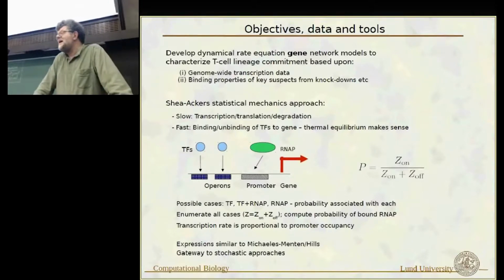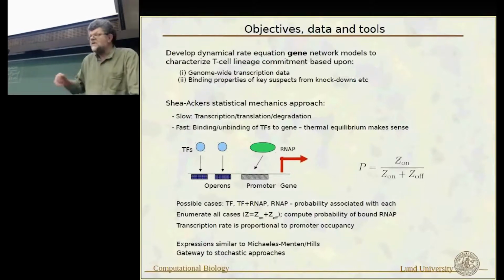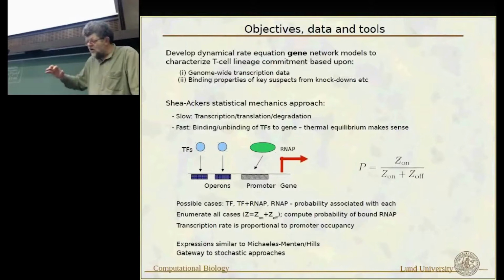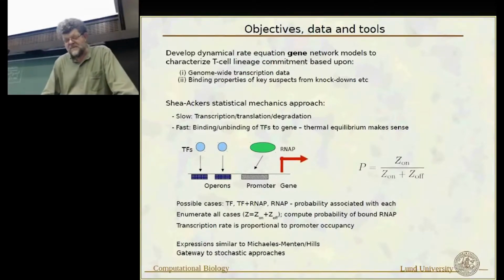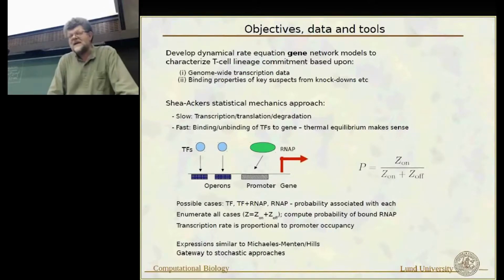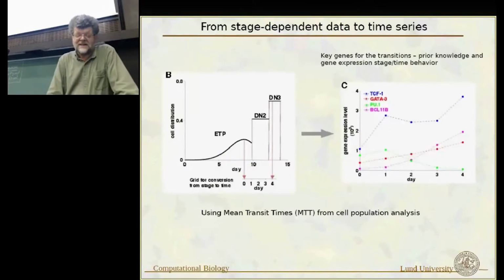For the binding and unbinding of a transcription factor to a gene, thermal equilibrium makes sense, and you can write down, as a physicist would do, the partition function, and normalize to the sub-partition function where things are both on and off. Final expressions are similar to Hill's function, but it's a very nice gateway once you go into stochasticity.